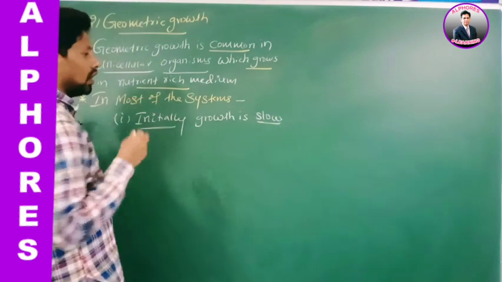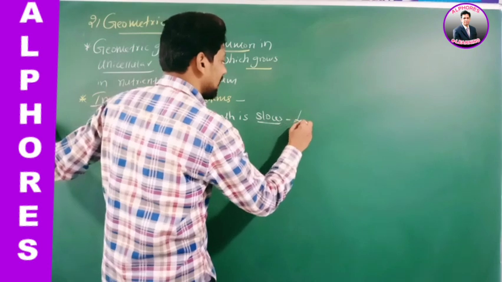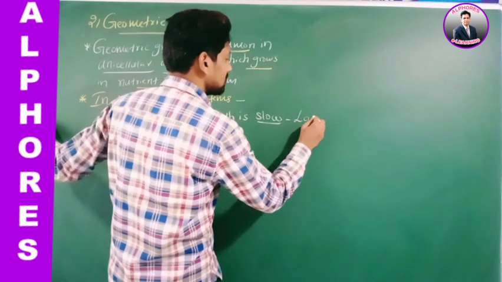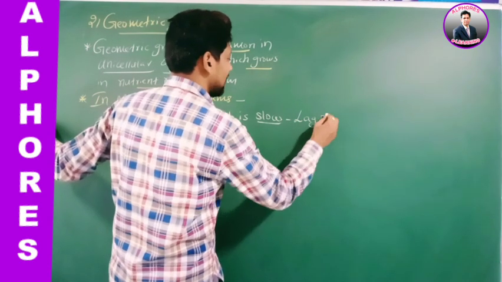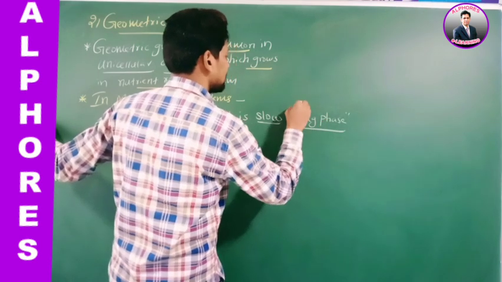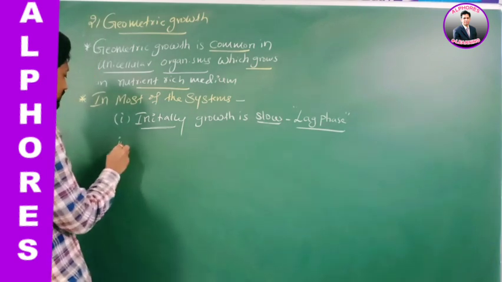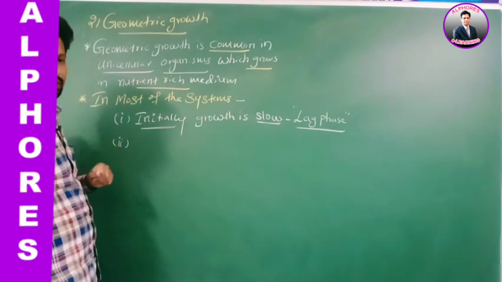Initially how is the growth? Slow. This phase is called as lag phase, L-A-G. This is called which phase? Lag phase. Initially growth is slow, no doubt.